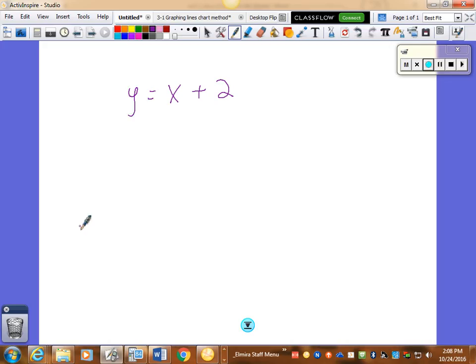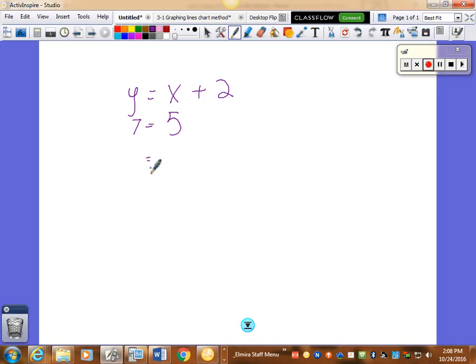Now, because I have 2 variables, I have many, many, many possible values for x. In fact, x can be any number I want. If I wanted x to be 5, I could. And then 5 + 2 would be 7.